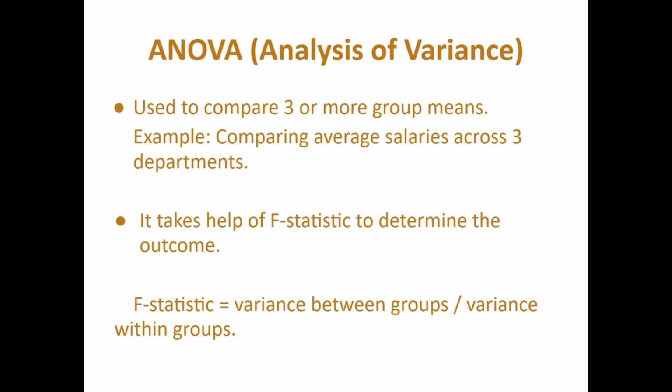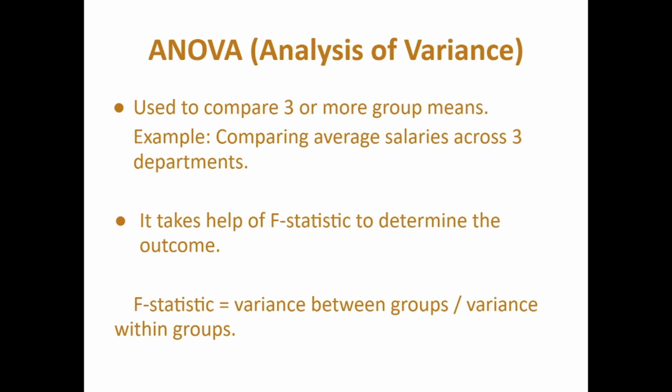As I explained earlier when I was starting my video, to check the dependency of two categorical variables we can use the chi-square test. But when there are 3 or more groups and we want to compare the means of all the groups, for such cases we can perform ANOVA, or analysis of variance.